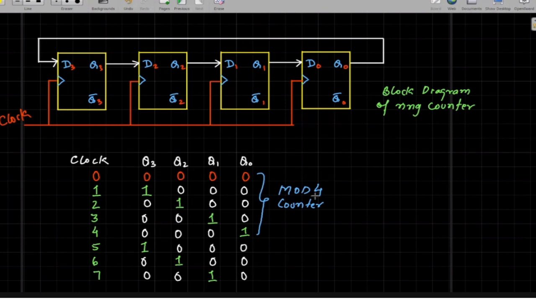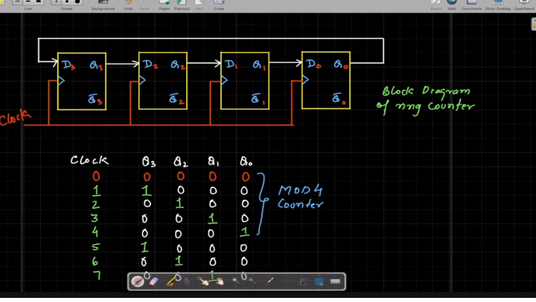So the diagrammatic representation of the individual clock at the outputs, you can observe in this way. This will be like this. One, two, three.